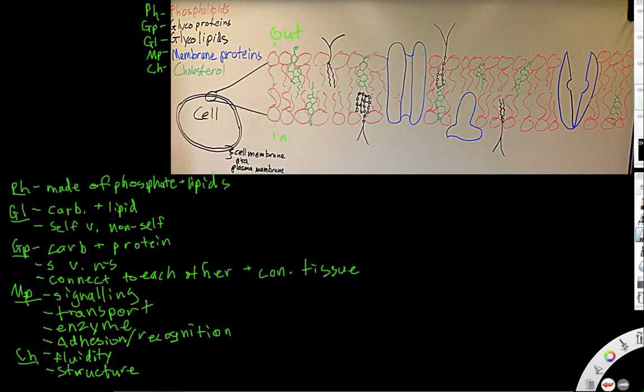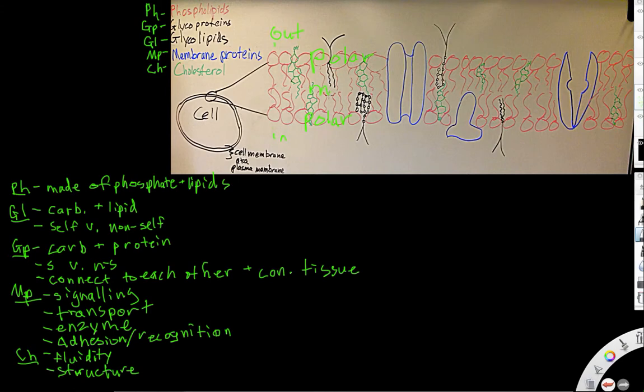And so let's just talk about how this membrane organizes itself. We have 3 regions. So we have the polar region here, as well as a polar region here. Now this could also be charged depending on what the specific groups attached to these are, but we generally call it the polar region.